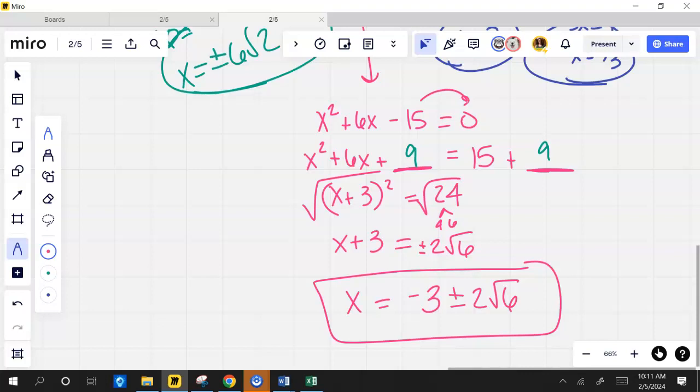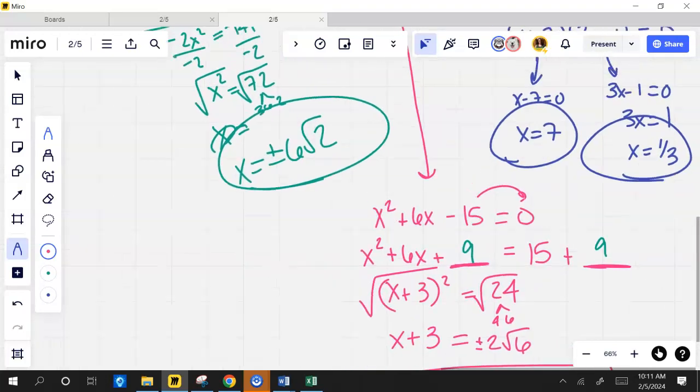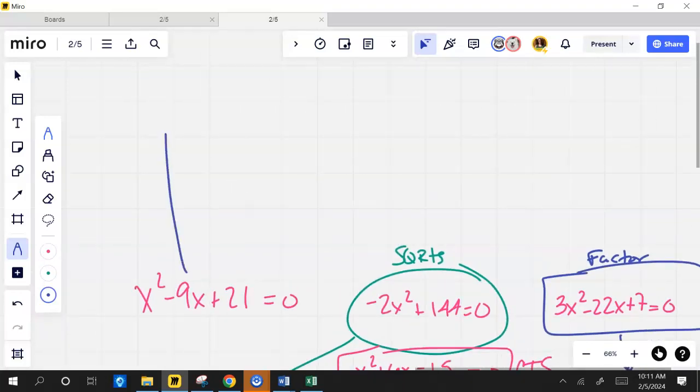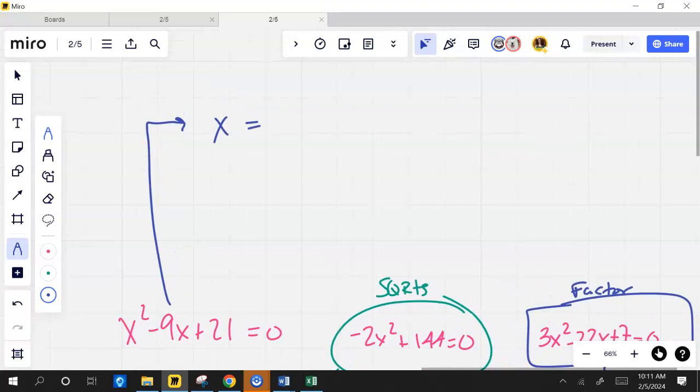That only leaves 1, as it should, because quadratic formula should be the one whenever I can't figure out what else to do. Then I do quadratic formula. Y'all ready? Opposite B. What's opposite B? 9.